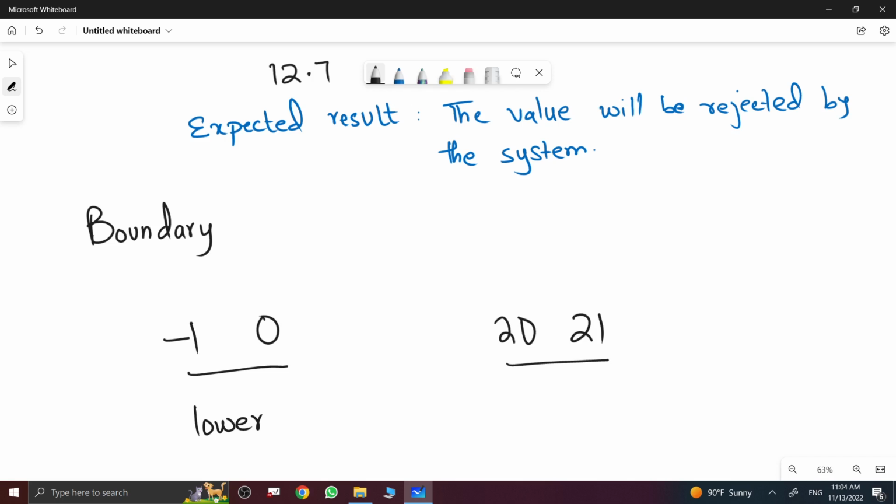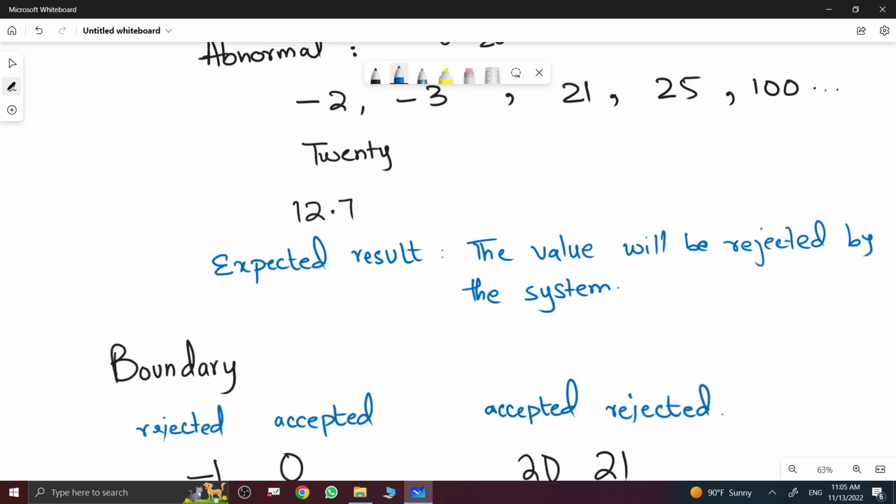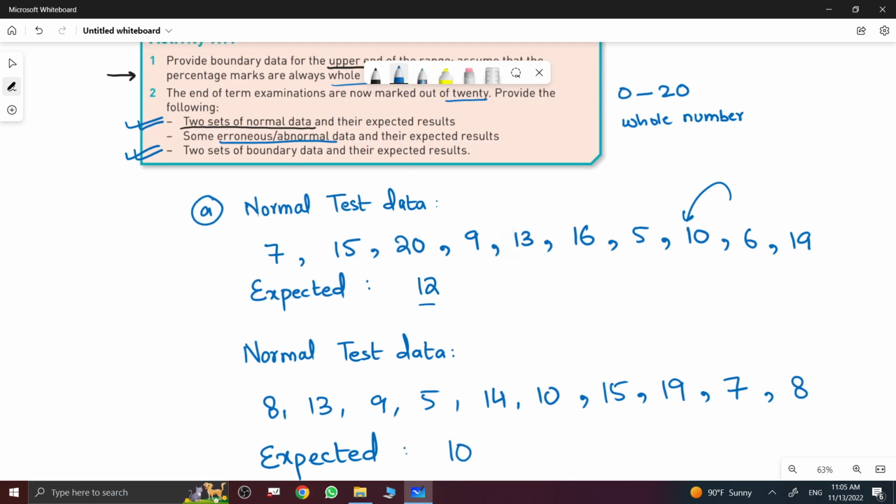So you can just write down the expected result like this. This value will be rejected by the system. This will be accepted by the system. For the value 20, it will be accepted by your algorithm. And 21 will be rejected by your algorithm. So this is going to be the expected result for your boundary test data.